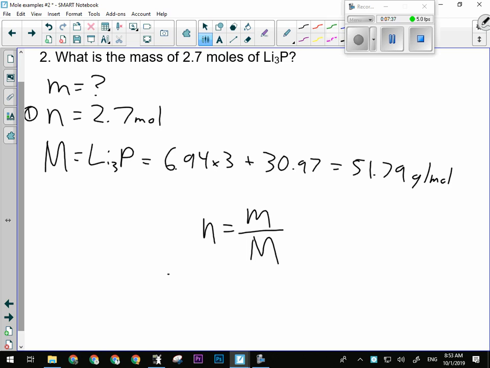I'm dividing by big M right now, so I'm going to multiply by big M. M over M is 1, and M times 1 is M, so that cancels. That's how algebra works. And what I do to one side, I do to the other. So I bring M over to the other side by multiplying. Everybody okay with that? So you would get a mark for manipulating the equation.